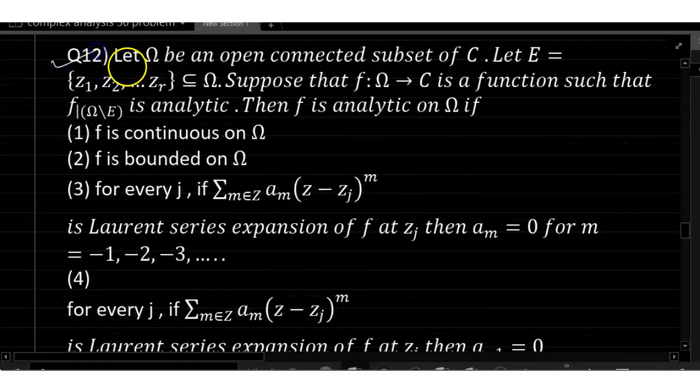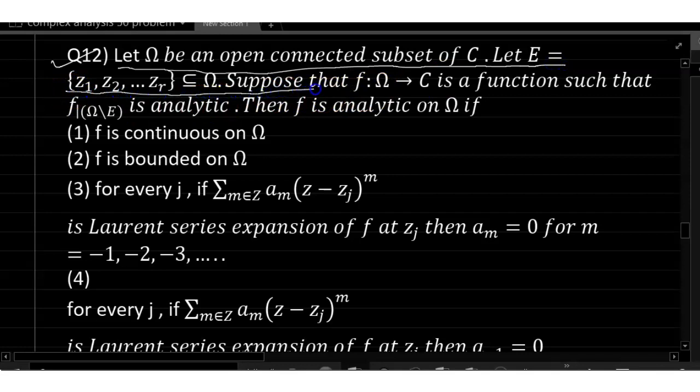Question 12 is: let omega be an open connected subset of C. Let E equals z1, z2, ..., zr be a subset of omega, and f a function on omega such that f restricted to omega minus E is analytic. Then f is analytic on omega if f is continuous on omega, or f is bounded on omega.